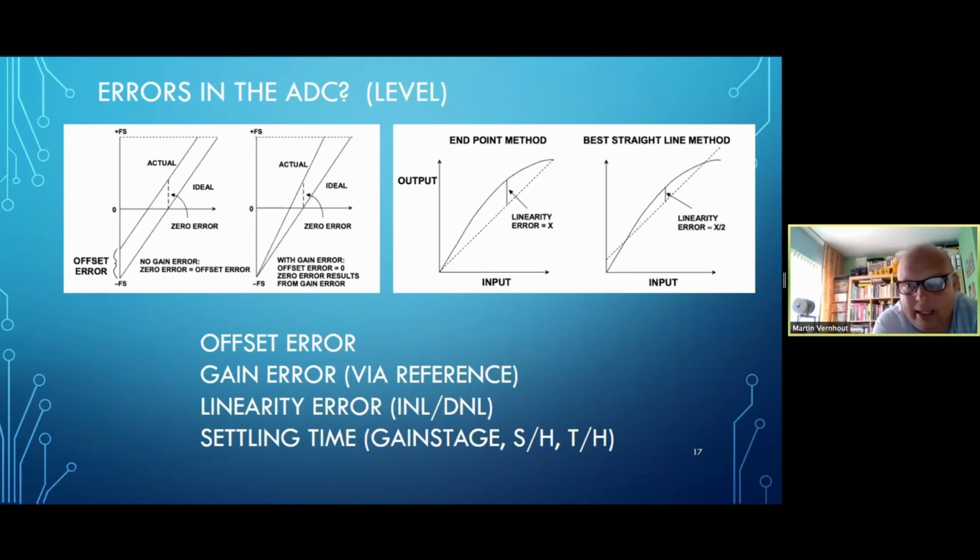We can have non-linearities or linearity errors, and they are often expressed as integral and differential non-linearity, INL and DNL. And we have problems with settling time, that if you do something really fast, it might not be a precise, accurate representation of the value of that analog signal at that point in time.